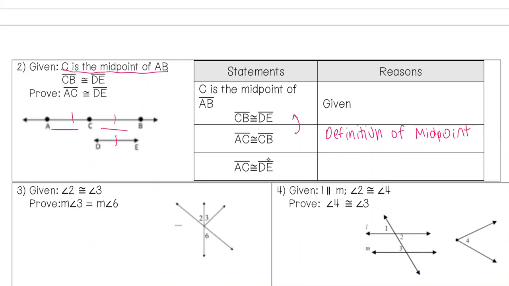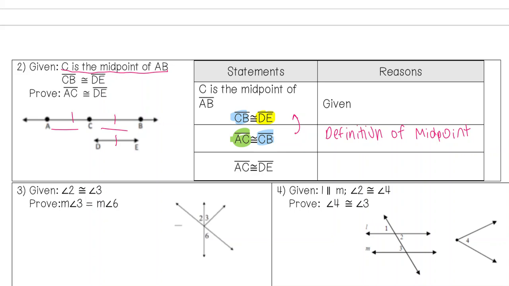So then in order for us to go to the final line and prove that AC is also congruent to DE, again, I want to think about what's happened so far. I have that the segment CB was congruent to the segment DE in my given, and then I also see that the segment AC should be congruent to the segment CB. We just said that was because of the definition of midpoint.